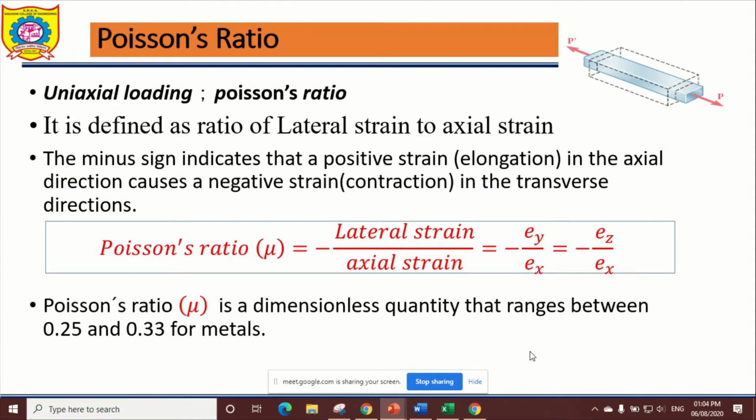The ratio varies between 0.25 to 0.33. There can be a soft material and a hard material. If it is a soft material, what will be the Poisson's ratio for the soft material?